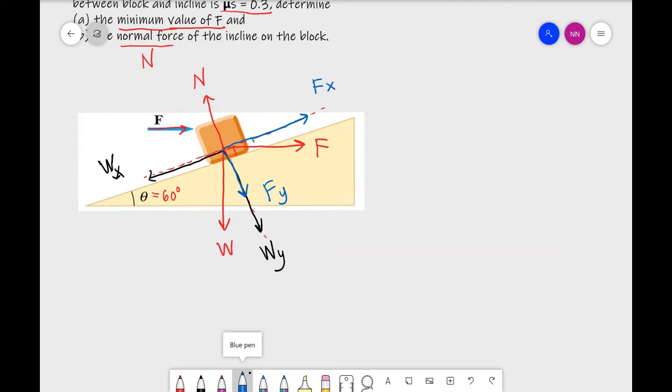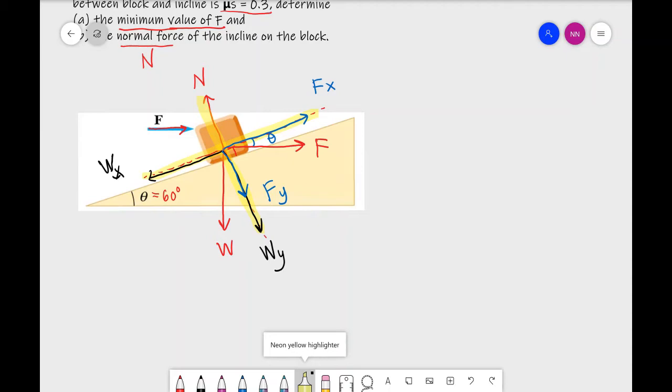Theta is equivalent to here. So we can solve by looking at this dimension.